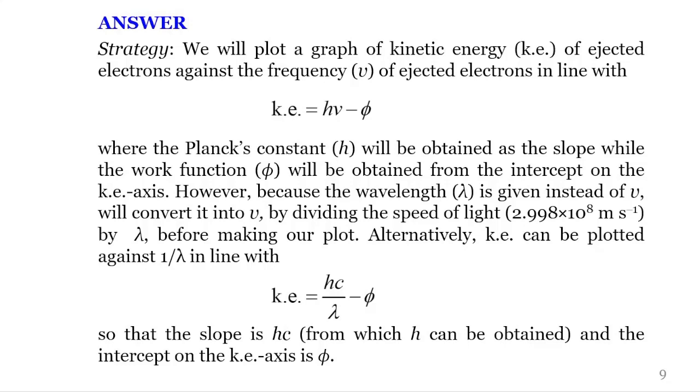So by equating the slope to h times c, where c is the speed of light, we can directly divide the slope by the speed of light to obtain the Planck's constant. Intercept on the kinetic energy axis gives the work function, and then the intercept on the inverse of wavelength can be used to find the threshold frequency.